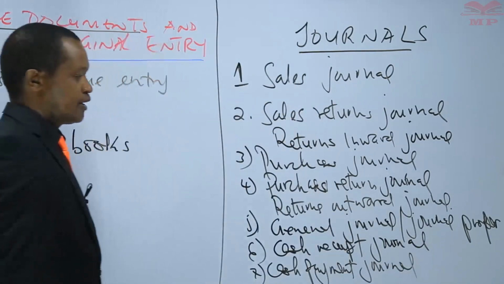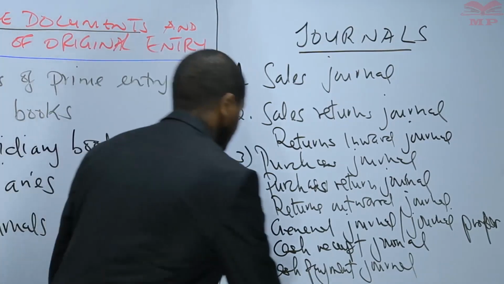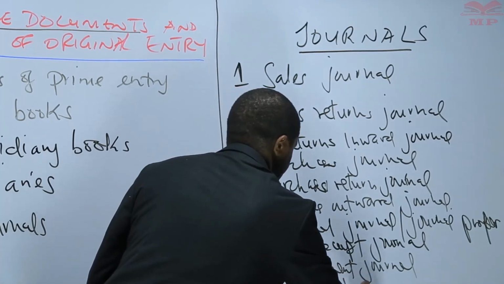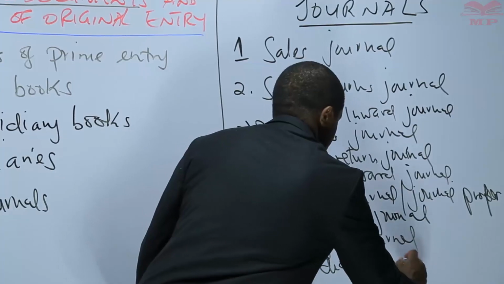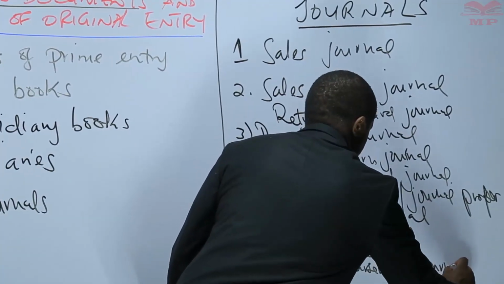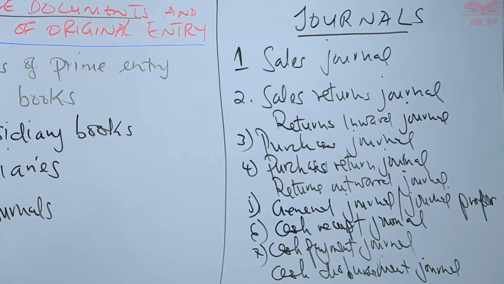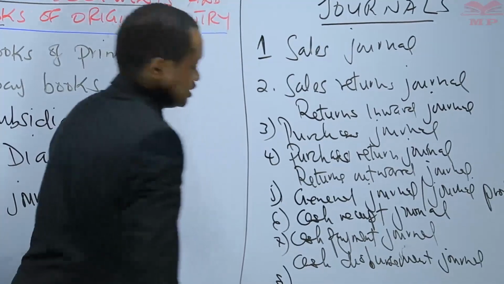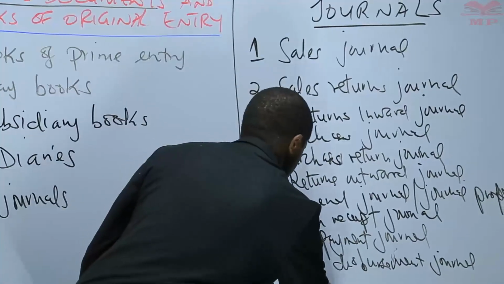The cash payment journal may also be referred to as the cash disbursement journal. Number eight is the cash book.